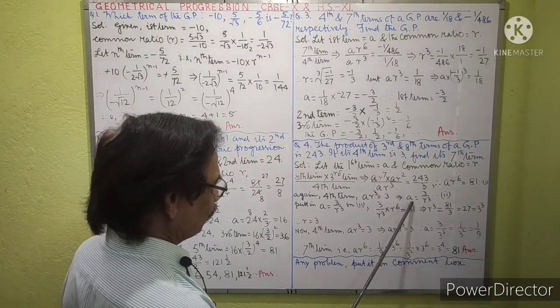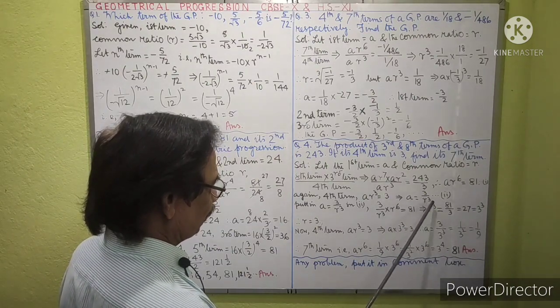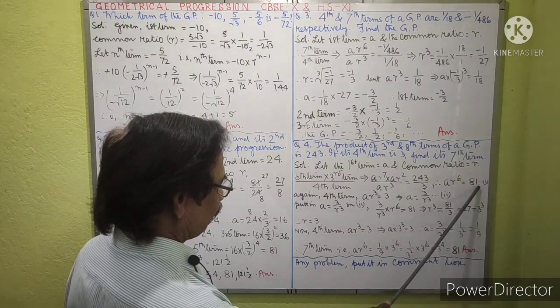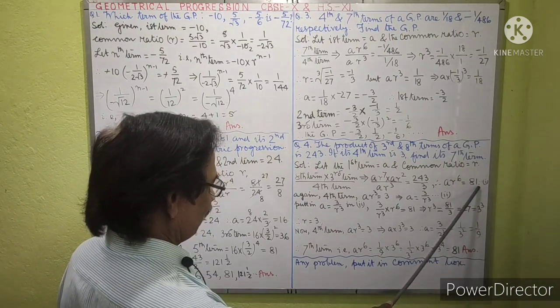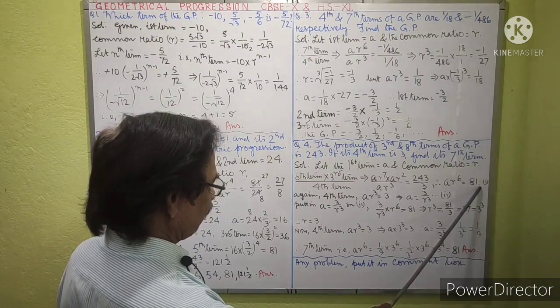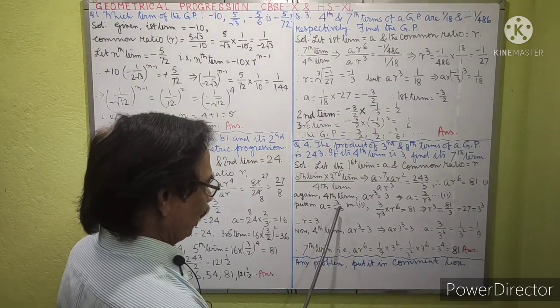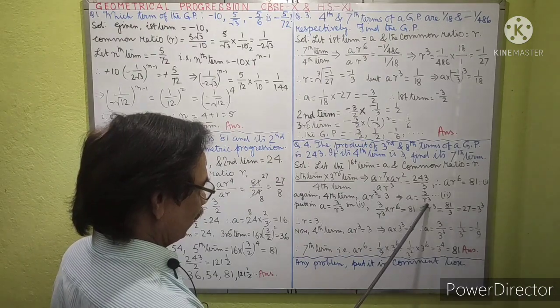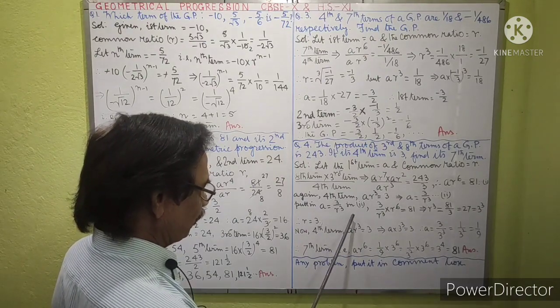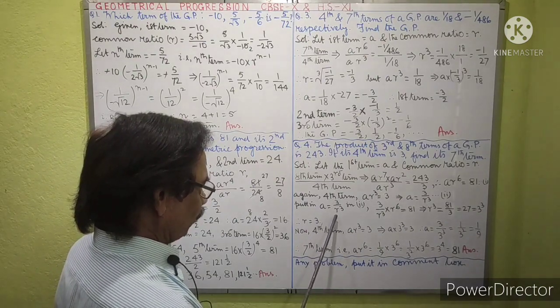Therefore, A equals 3 by R cube. And this is AR to the power 6, AR to the power 6 equals 81. Therefore, A equals 3 by R cube.